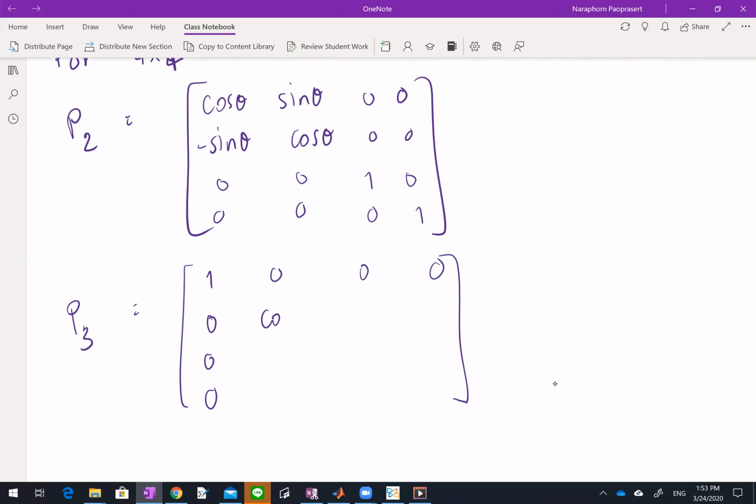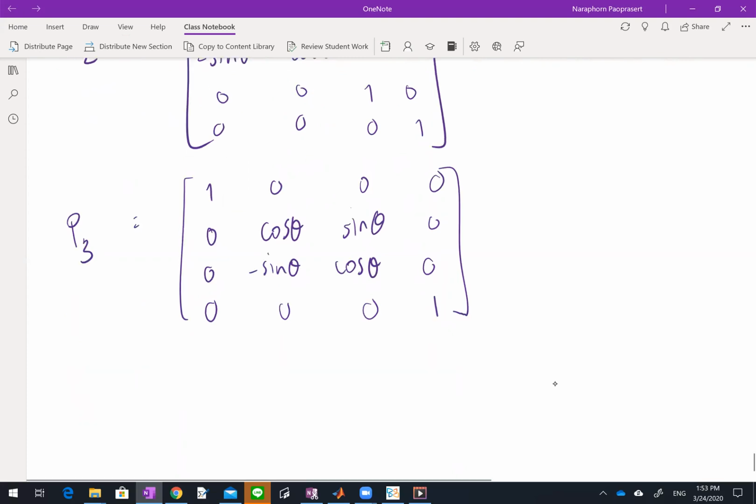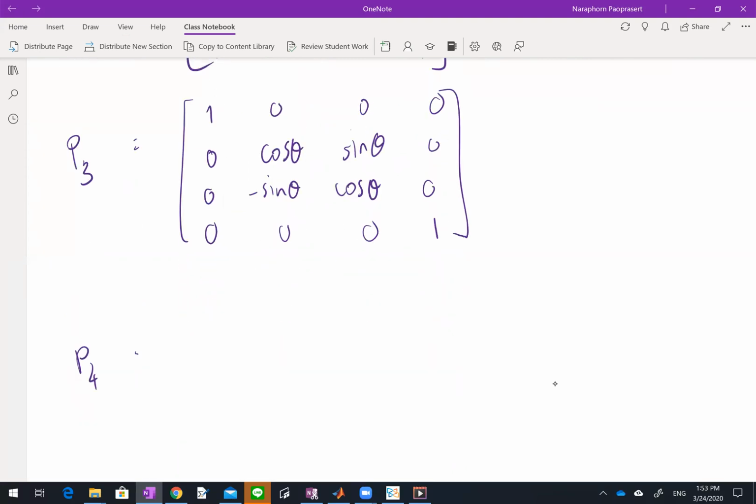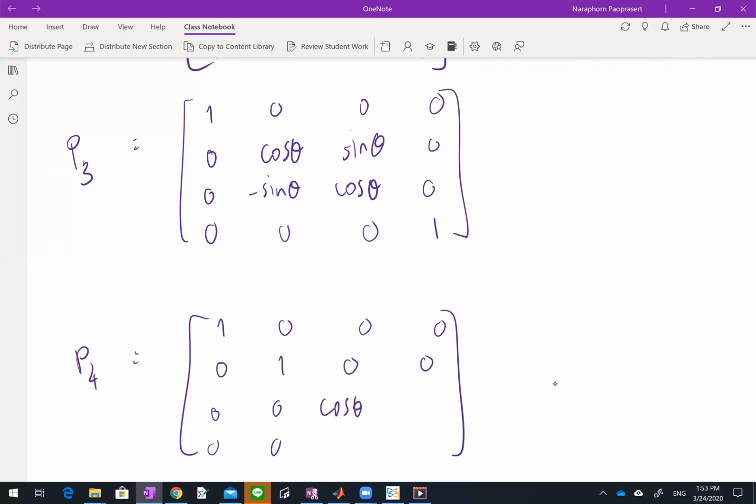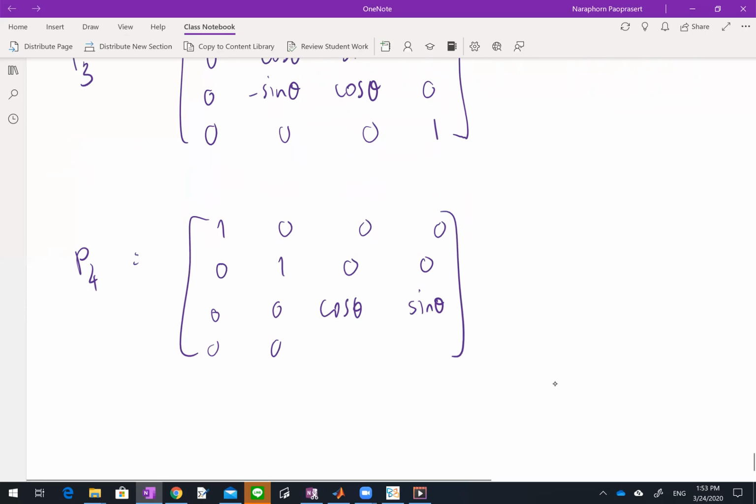So this is cos, sine, minus sine and cos, 0, 0, 0, 0, 1. And finally, your P4 is just going to move one more step further. So this is 1, 0, 0, 0, 0, and your cos, sine, minus sine, cos is moved here.